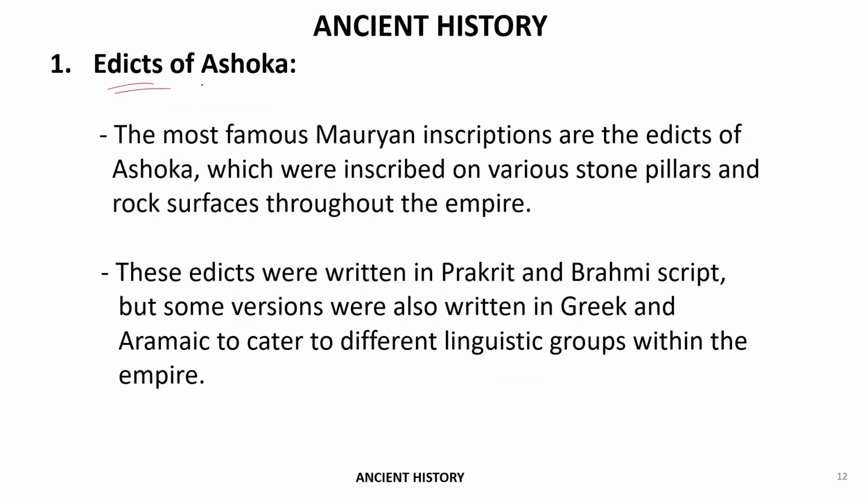They are known as the edicts of Ashoka. The most famous Mauryan inscriptions are the edicts of Ashoka, which were inscribed on various stone pillars and rock surfaces throughout the empire.